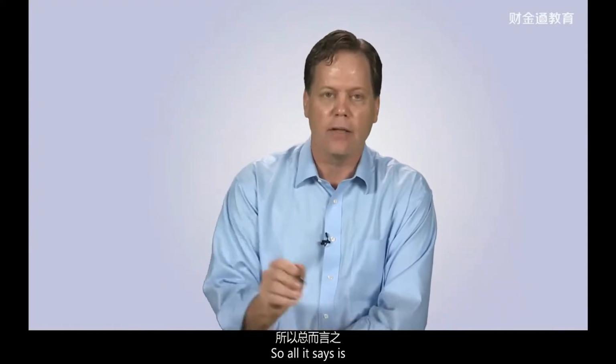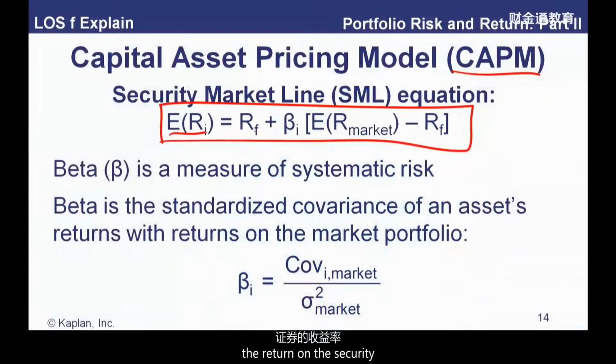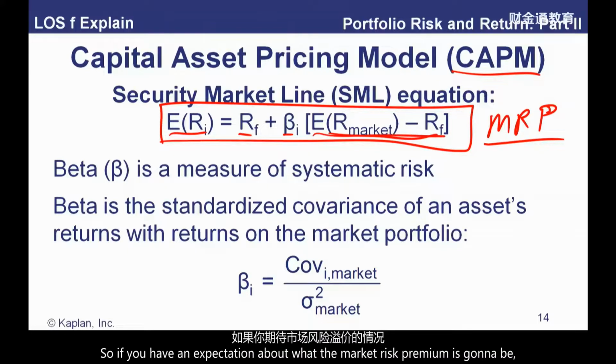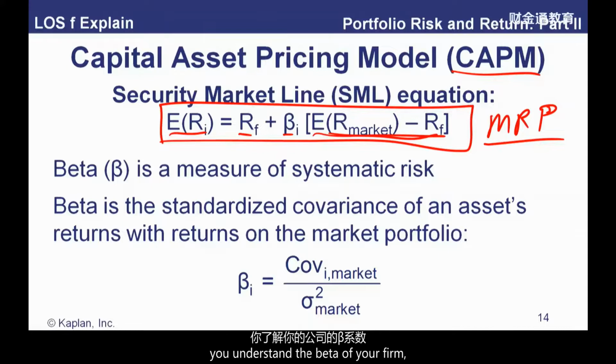All it says is the return on the security is equal to the risk-free rate plus beta times this thing, which is called the MRP, the market risk premium. That is the return on the market minus the risk-free rate. So if you have an expectation about what the market risk premium is going to be, and you understand the beta of your firm, then you take the product of those two, add in the risk-free rate, and that is going to give you a measure of the expected return on the asset.